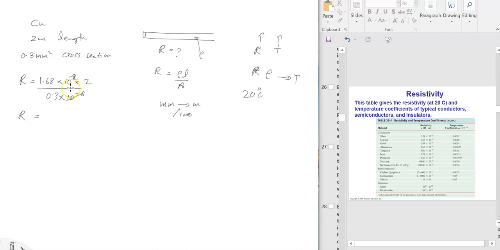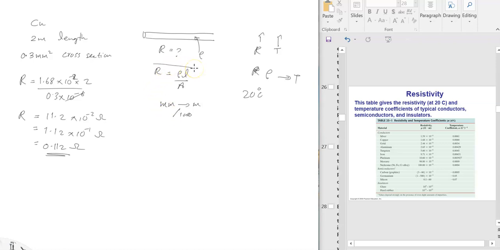I have 11.2 times 10 to the negative 2 ohms, or 1.12 times 10 to the negative 1 ohm, or 0.112 ohms. So it's a small resistance, and it makes sense because this is copper. Very small resistance, the resistivity is very low. So this is how we calculate the resistance.